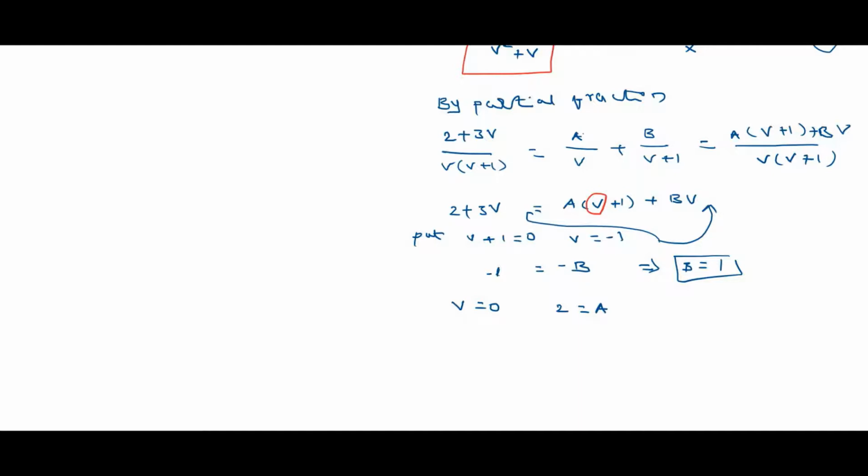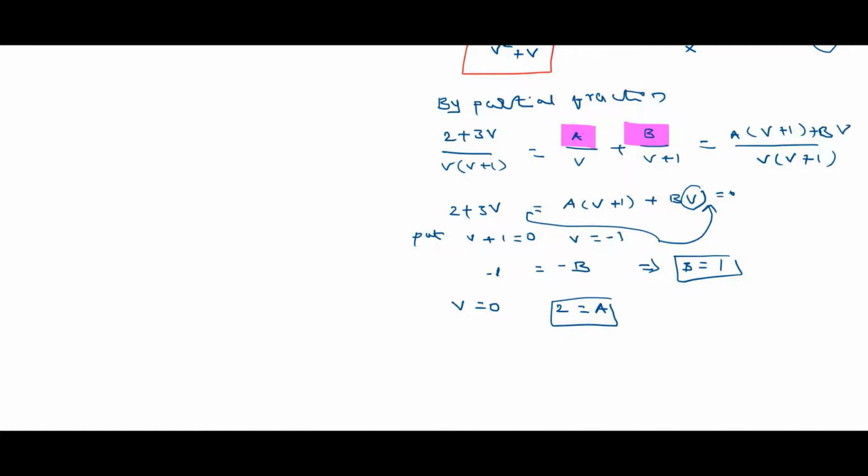Then v equal to 0 means 0 into b is equal to 0. So the value of a is equal to 2. We have to substitute the value of a equal to 2 here and b equal to 1 here.